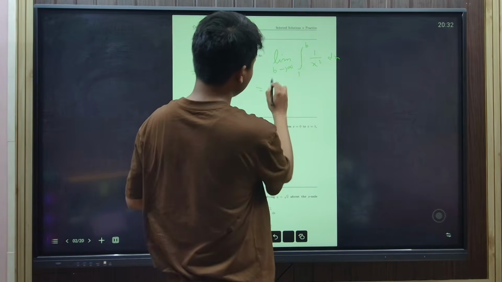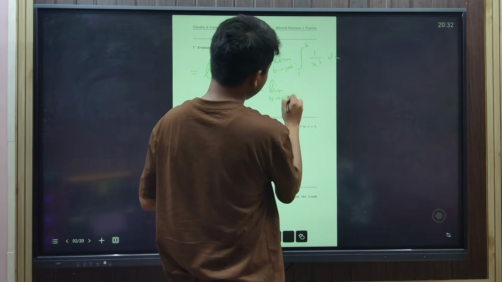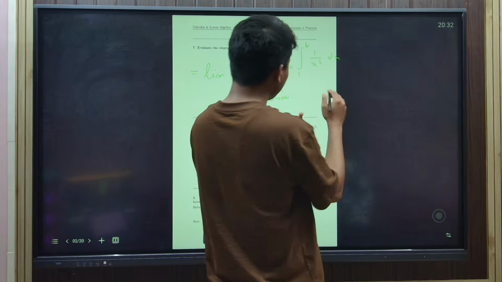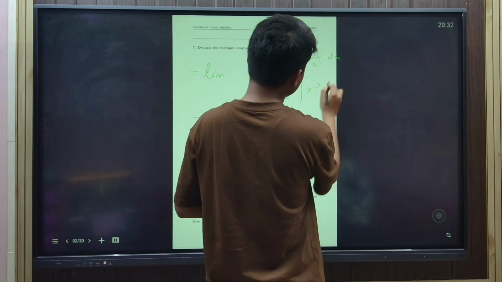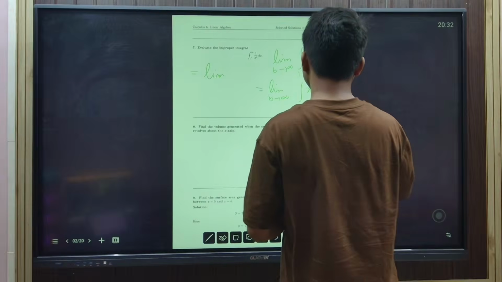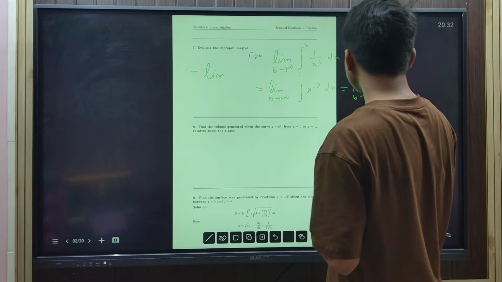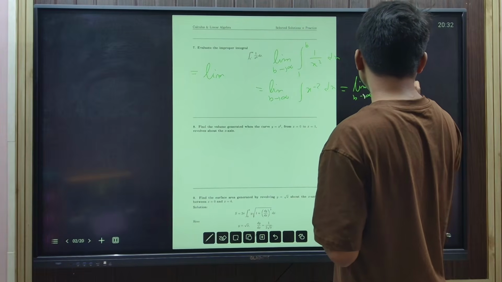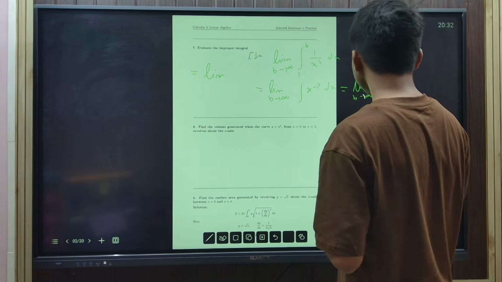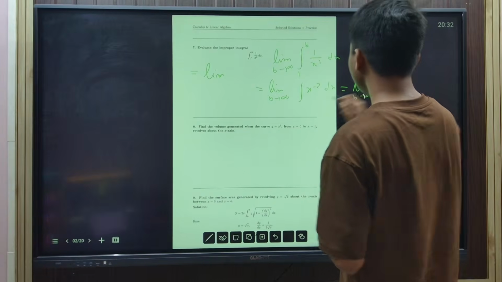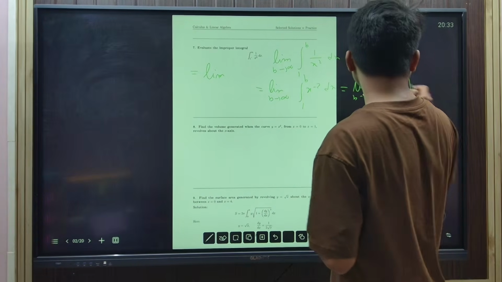Now integrate this. So limit b tends to infinity, 1 by x square, what is the integral of 1 by x square? That means x to the power minus 2 dx, right? So this is exactly equal to limit b tends to infinity, x to the power minus 2 plus 1 by minus 2 plus 1, that means minus of 1 by x, right? So now this is 1 to b.